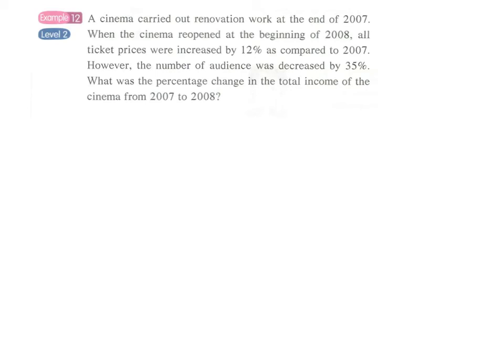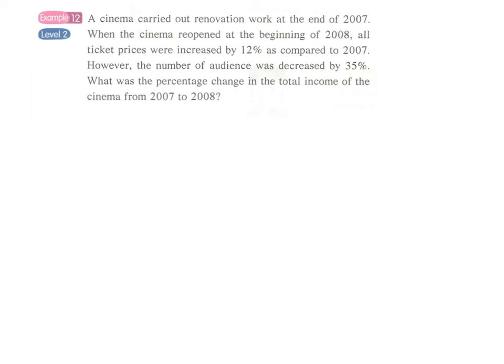Finally, we come to example 12. A cinema carried out renovation work at the end of 2007. When it reopened in 2008, all the ticket prices were increased by 12%. And the number of audience, however, dropped by 35%. What is the percentage change in the total income of the cinema from 2007 to 2008?